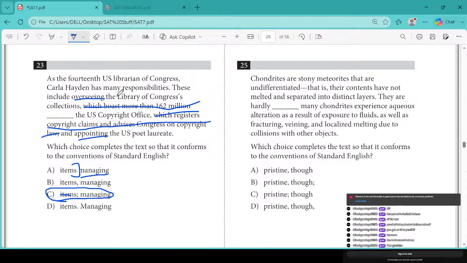These include overseeing the Library of Congress collections, managing the Copyright Office, and appointing the US Poet Laureate. So this is the list.